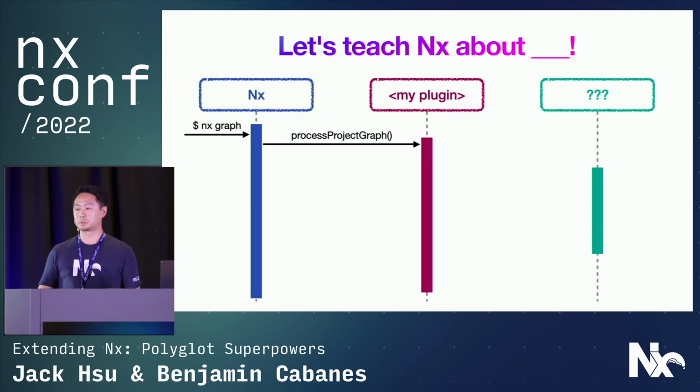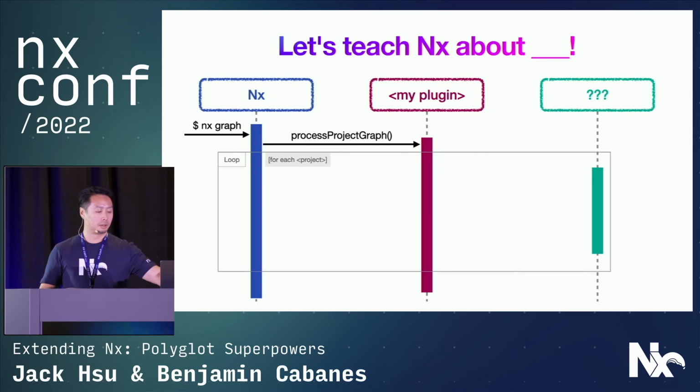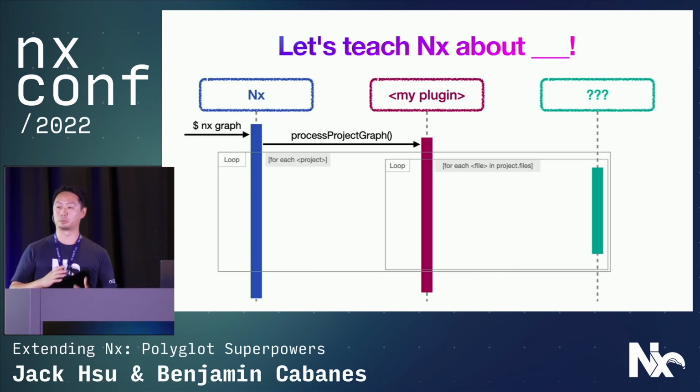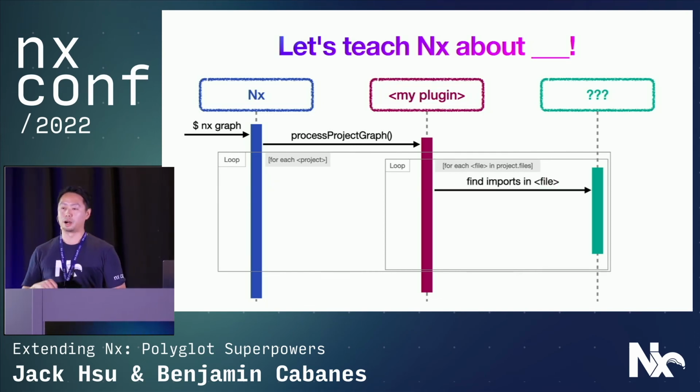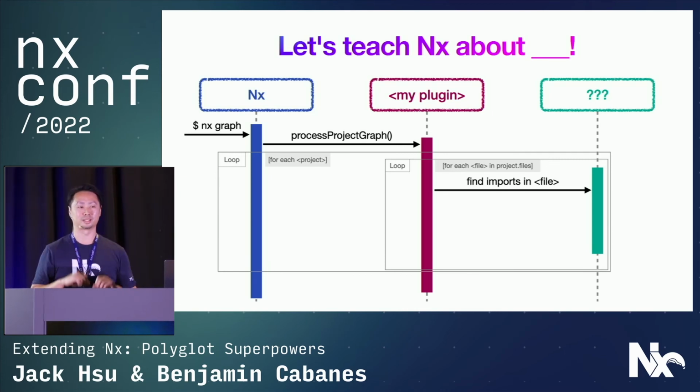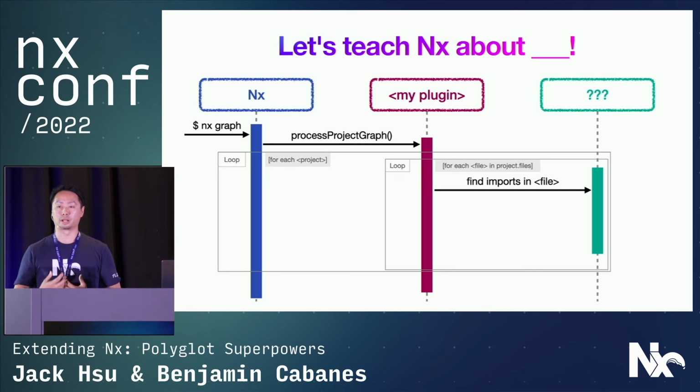So the first two steps are the same, but now we're going to take advantage of something else that NX provides for us, which is for every single project that's automatically detected, it also contains a list of project files that are within that directory. So for each of the files, and this is left to you as an exercise, we're going to try and find all the imports within that file.